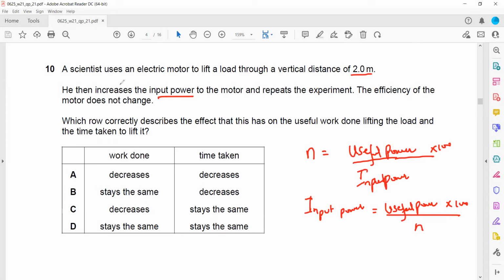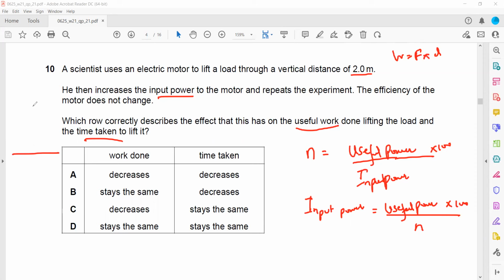So he increases the input power and repeats the experiment. Which row correctly describes the effect this has on the useful work done and the time? What is the work done? Work done is a product of force and distance.